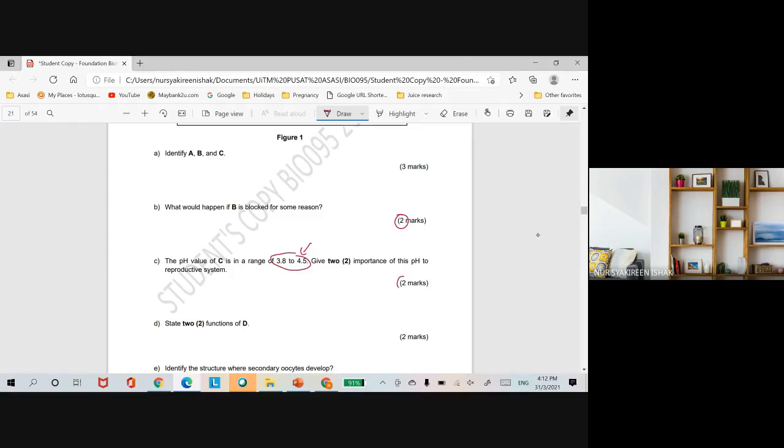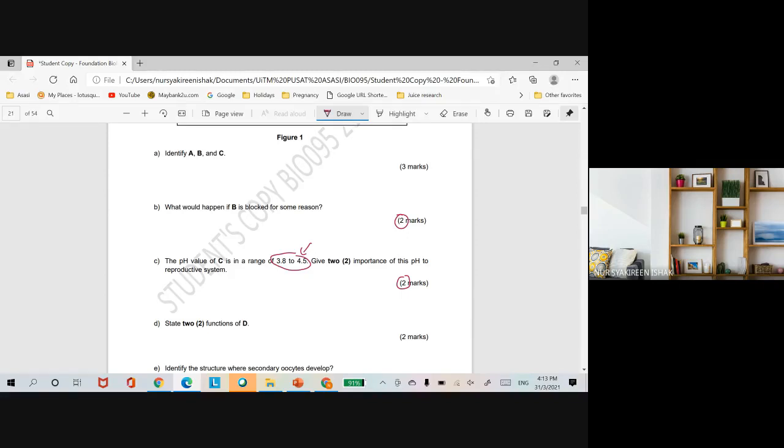So 2 marks. Okay, so the significance of keeping the vagina acidic is to prevent the growth of pathogen, invasion of infection by pathogen. Okay, so it prevents that area, the vagina, from being infected by the pathogen. Okay, so 1 mark.